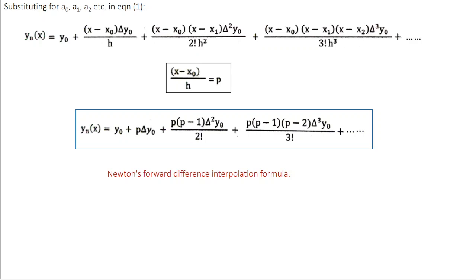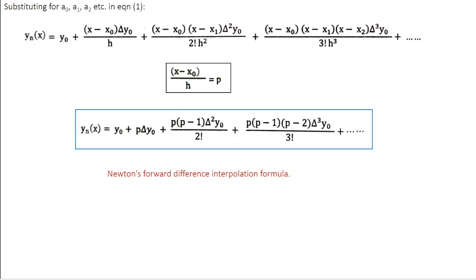That's why when we formed the difference table in the last class, I said the first diagonal row is very important because you are going to write the function in terms of the leading terms and the leading differences. So that's why formation of the difference table is the most important step in numerical interpolation.